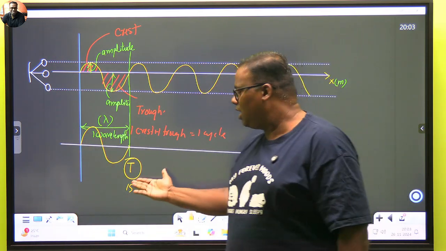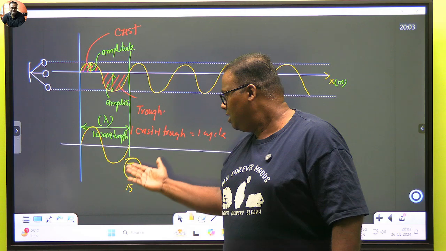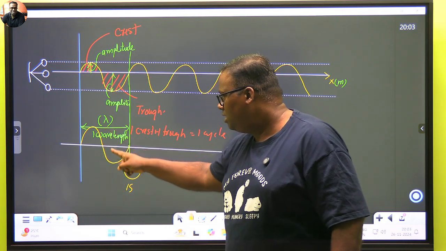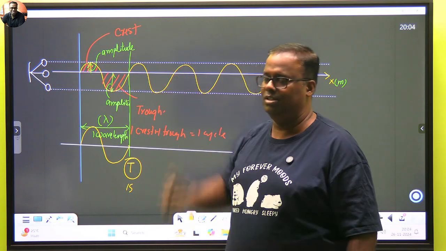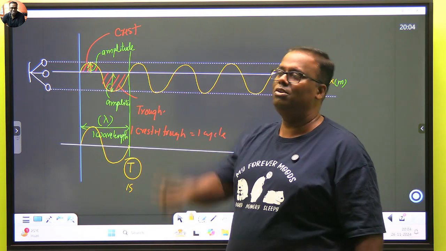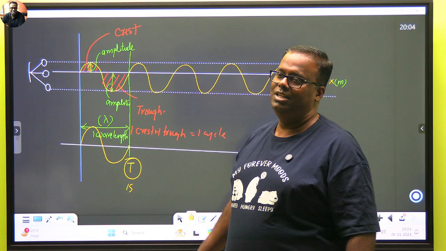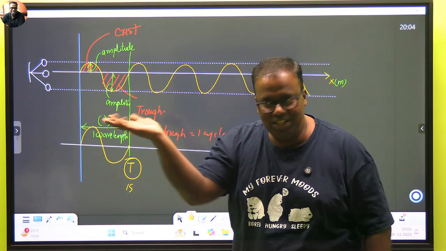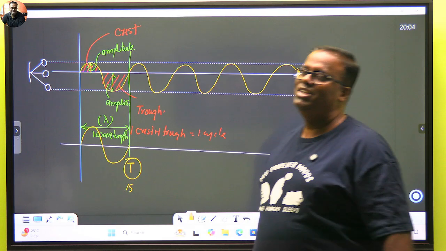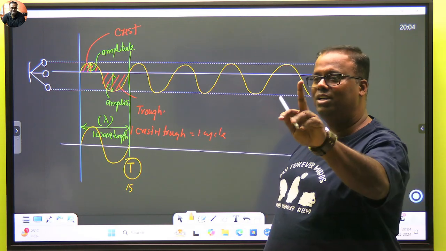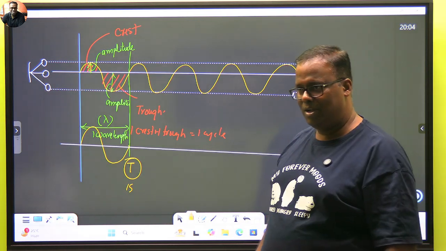Just look at this graph. In how much time did it complete one cycle? Sir, in 1 second. What is its time period? 1 second. In 1 second, how many cycles did it make? 1 cycle. So what is the frequency? 1 hertz. समझ में आया?